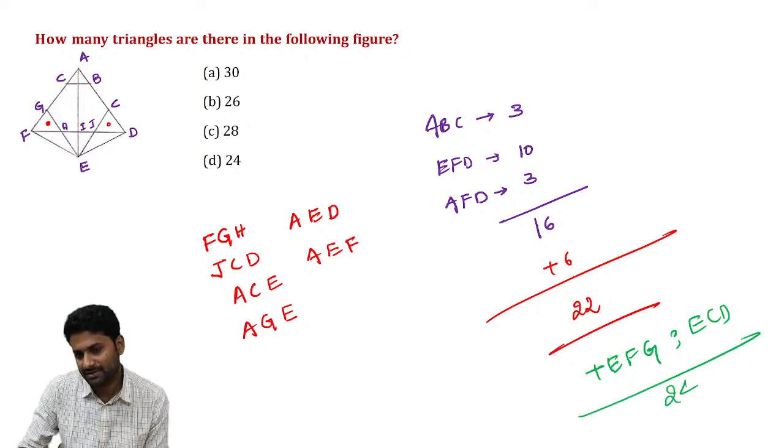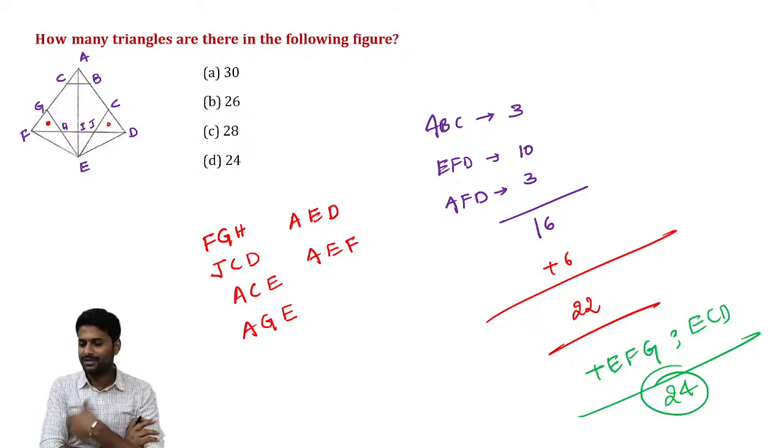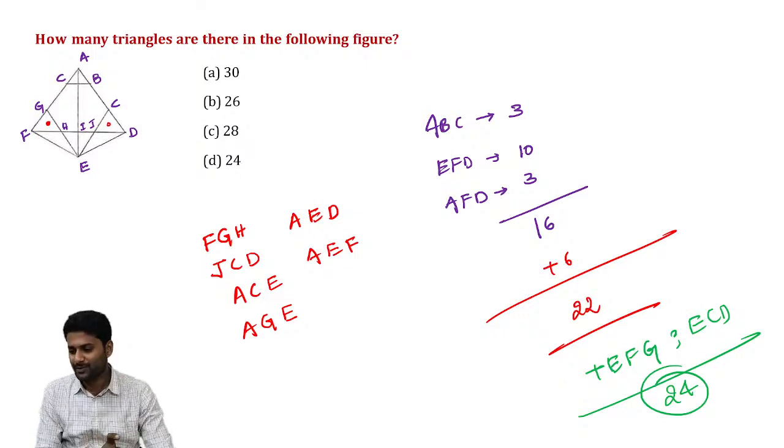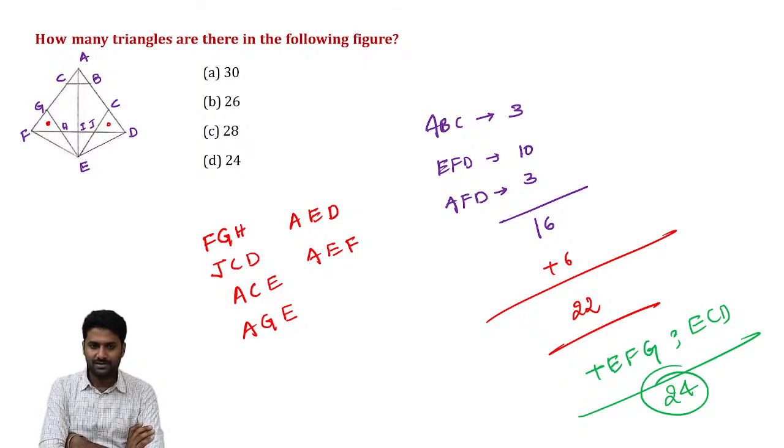Still I can see 24 triangles. Can you see more than that, or is it 24? Now I'm just waiting for your responses. Be faster to identify the triangles in the given picture. So I have logged the number 24. Is it exactly 24, or can you see more than 24?